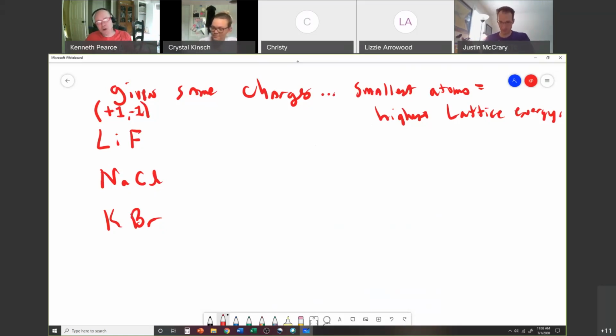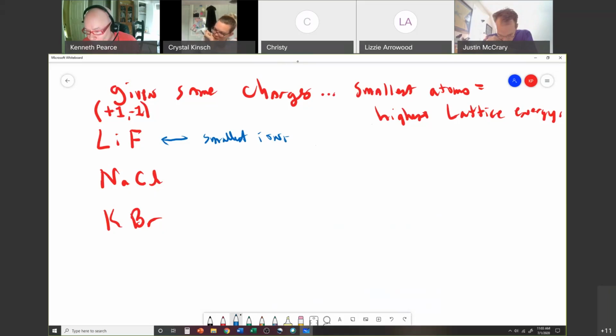Given the same charges, which one's going to have the highest lattice energy? It's the one that's going to have the smallest ions or the smallest atoms. Which one has the smallest atoms? This one right here, the lithium fluoride, has the smallest ions. How do I know it's the smallest ions? Because it's the furthest up the periodic table.